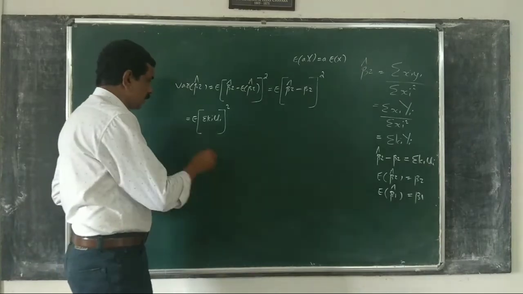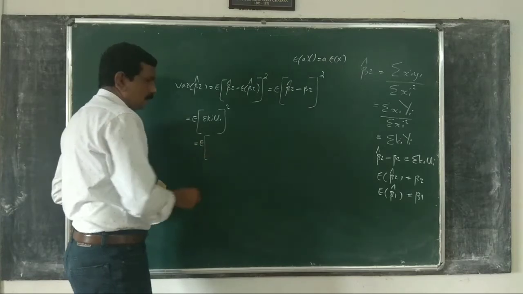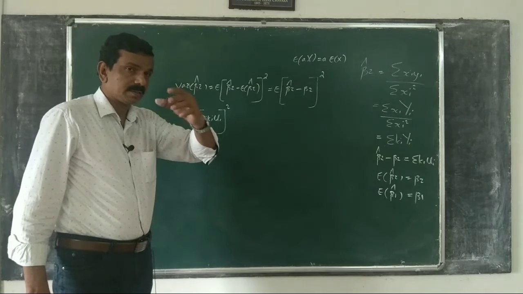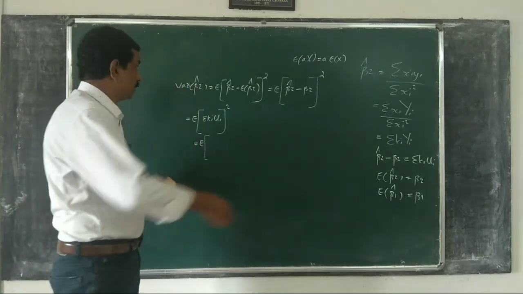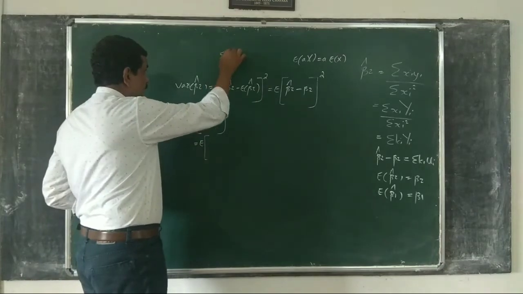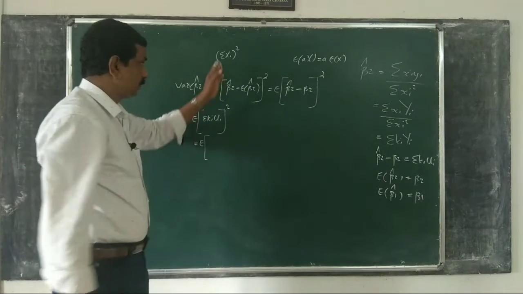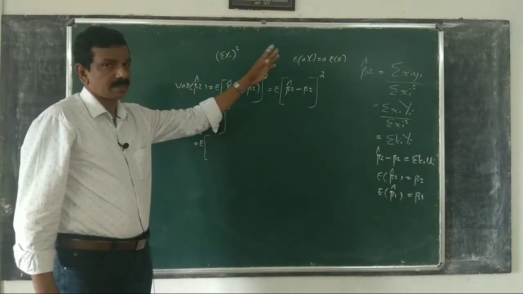This can be written as expected value of, while discussing the properties of the summation operator, we have expanded the term sigma xi the whole square as x1 square plus x2 square plus xn square plus 2 x1 x2 etc., like that.